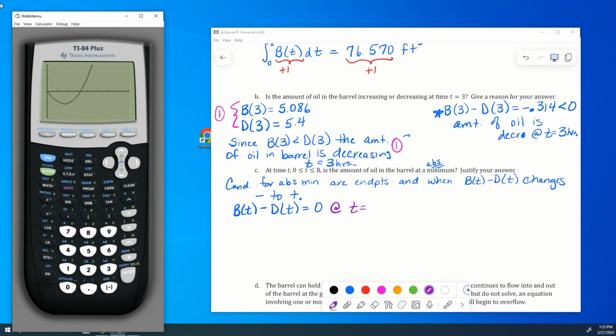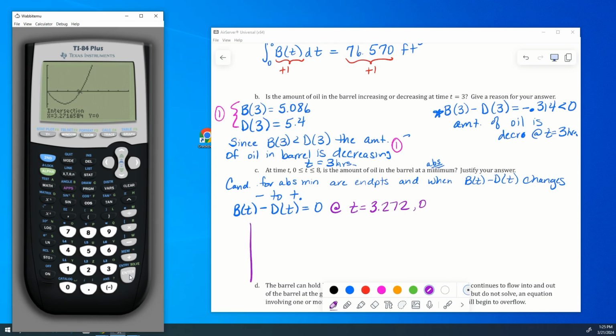Second calc, intersect, and I'm going to find that value right there. Perfect. So remember, you have to defend why something is a candidate. I think 0 is also where it equals 0, but it's an endpoint anyway.